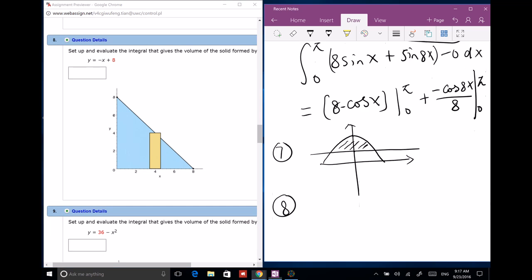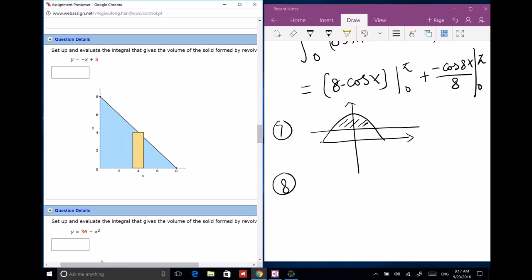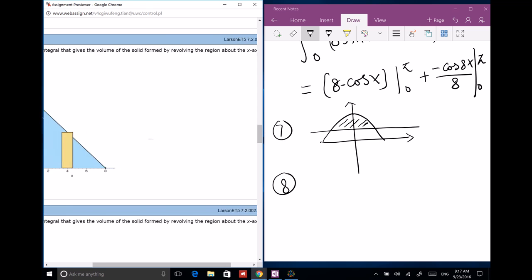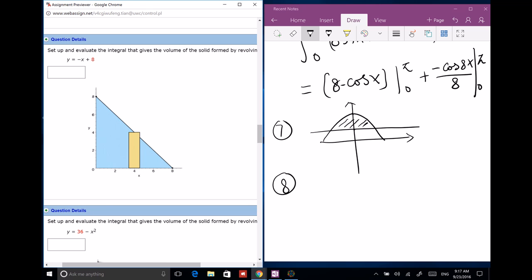Number 8. Set up and evaluate the integral that gives the volume of the solid formed by revolving the region about the x-axis. So it will revolve around the x-axis like this. I can't draw the picture on here.